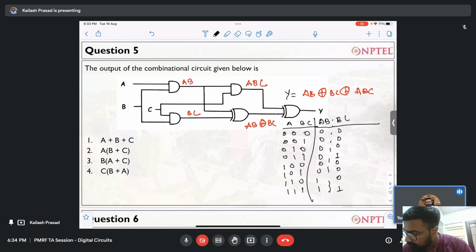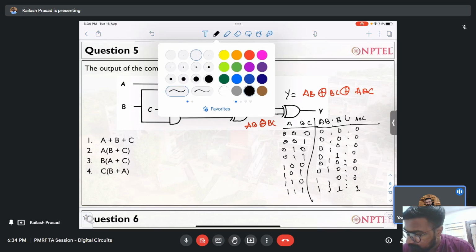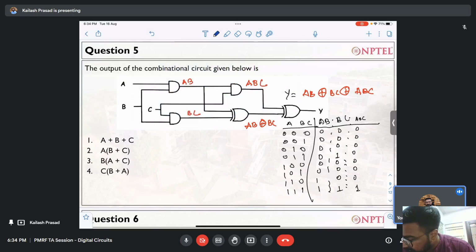Then if you see ABC, all zeros, because there will be one zero in any one of the terms, right? And here it is 1. Okay, so now you get AB. You name these terms as P, Q, and R, right?